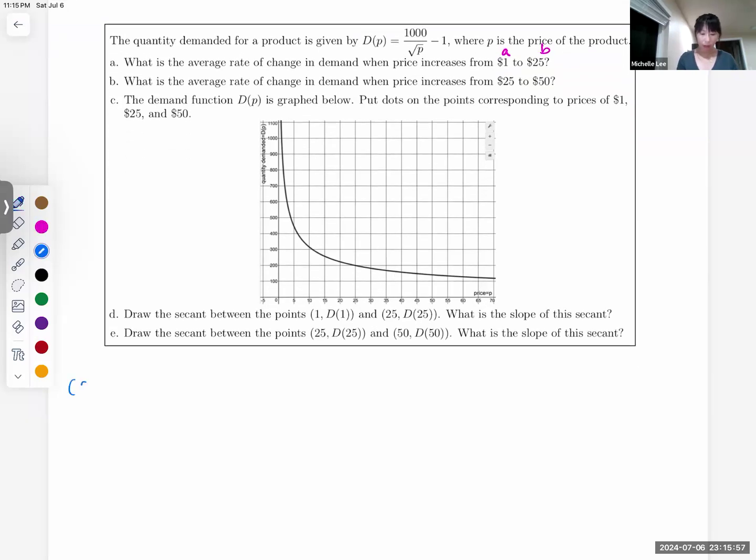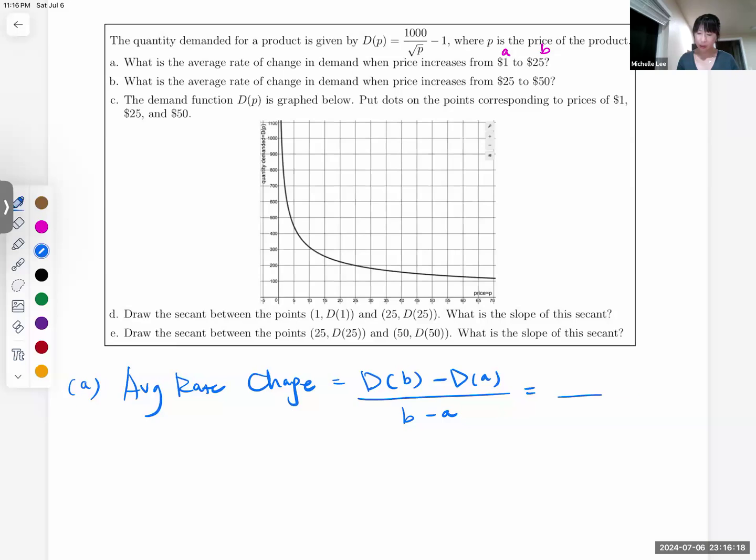So first one, average rate of change. So we have D of B minus D of A over B minus A.